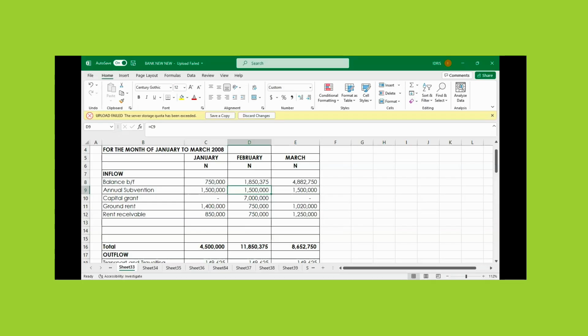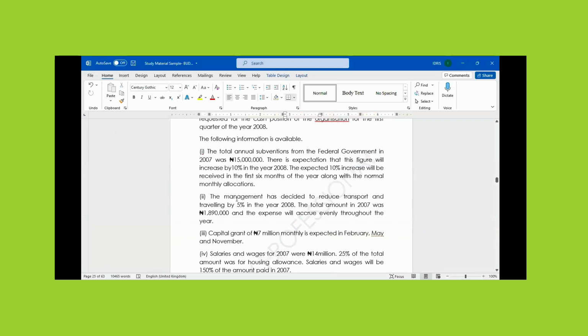So let's go to note 2 in the question. What is note 2? Note 2 said the management has decided to reduce transport and traveling by 5% in 2008.